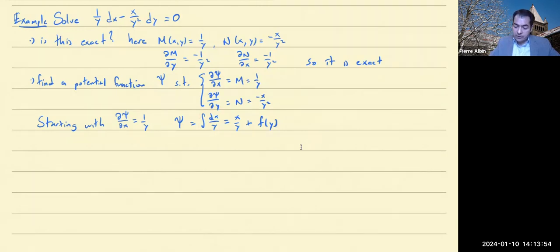Okay, so using the information we had about the derivative of psi with respect to x, we have determined psi up to a function of y. We still need to determine this function of y. The way we do that is we take this expression we found for psi, and we plug it into this second equation.